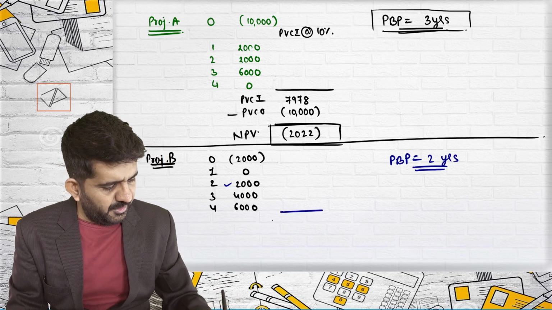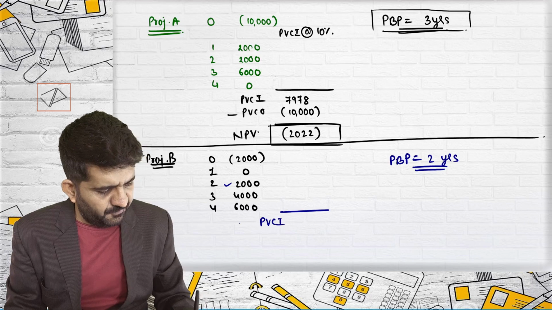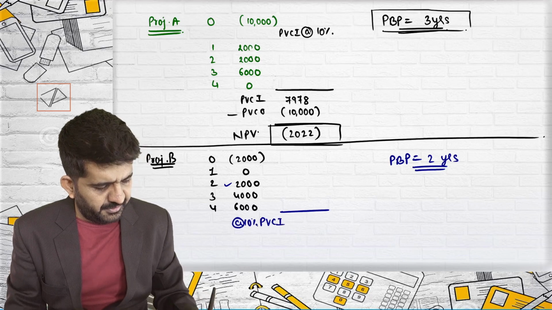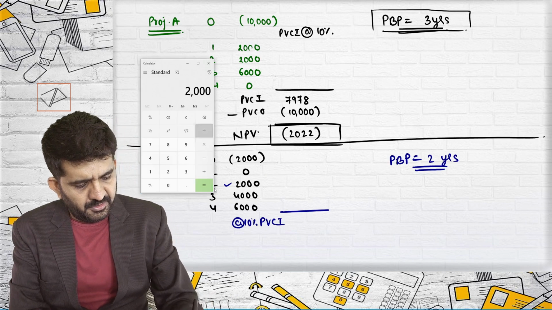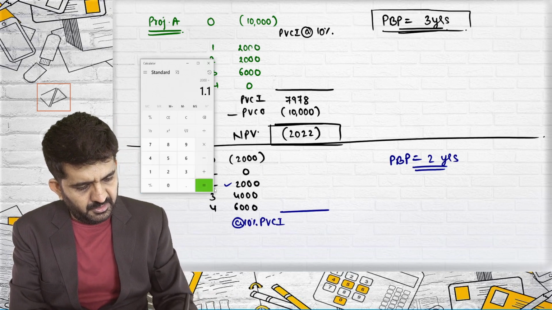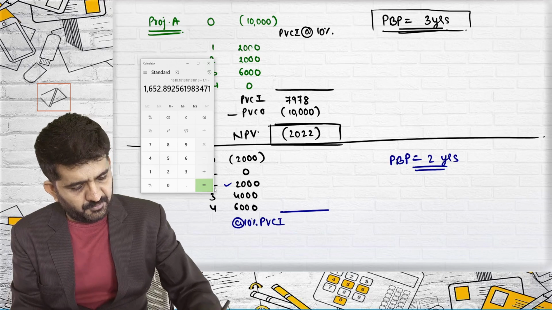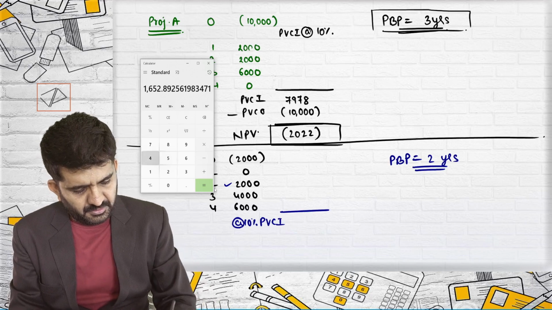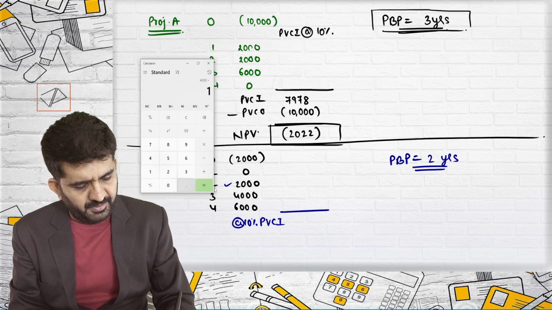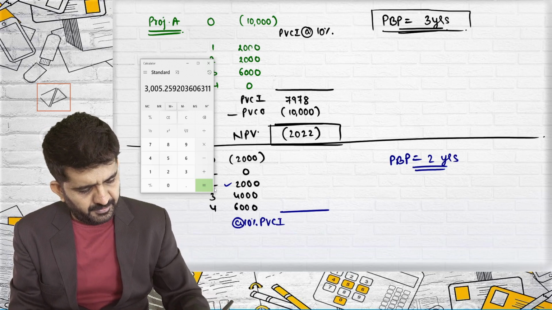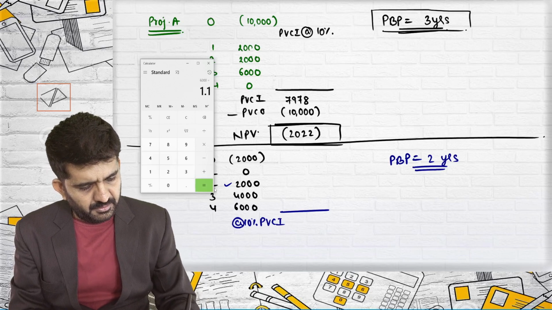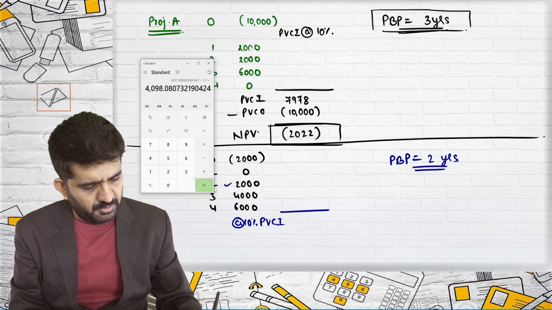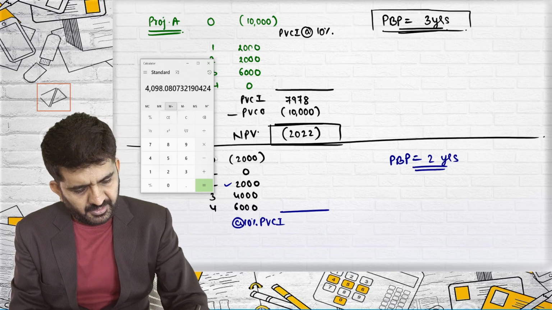I will be finding out present value of cash inflow at the rate of 10%. It is 2000 divided by 1.1 is equal to, because it is after 2 years, M plus. 4,000 divided by 1.1 is equal to M plus. 6,000 divided by 1.1 is equal to M plus.